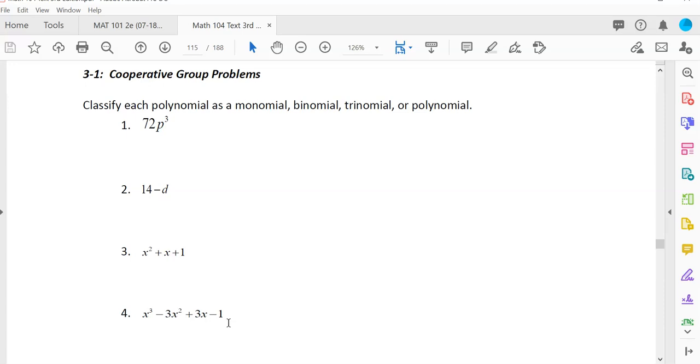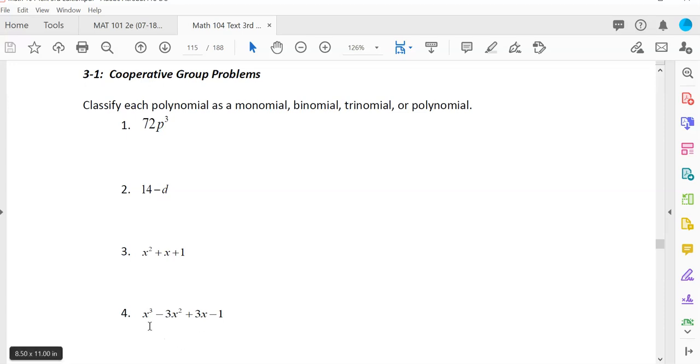That is in descending order. 14 minus d is not in descending order. 14 is degree 0, d is degree 1, but x to the third minus 3x squared plus 3x minus 1 is in descending order. So what we like to do is put things in descending order and then state what the degree of the polynomial is.